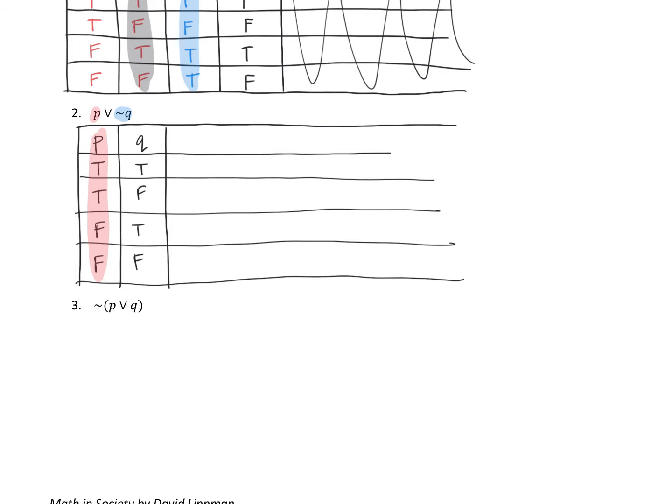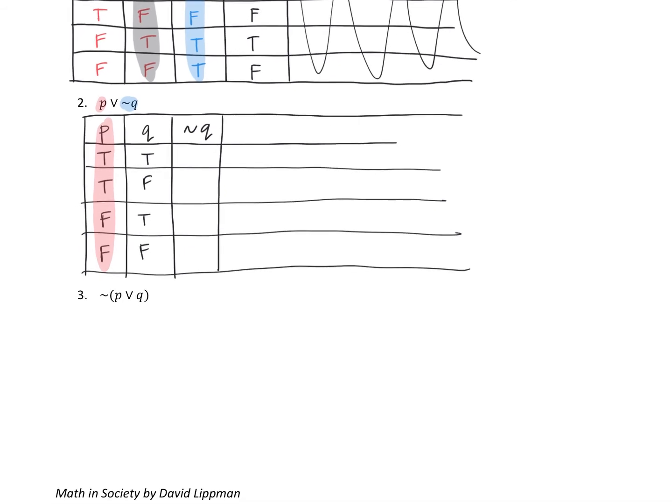We have Q, so now we just need to add a column for not Q. This is going to have the opposite truth value of Q. Since Q is true, true, false, false... rather, Q is true, false, true, false, not Q will be false, true, false, true. This is what we need on the other side of the disjunction.